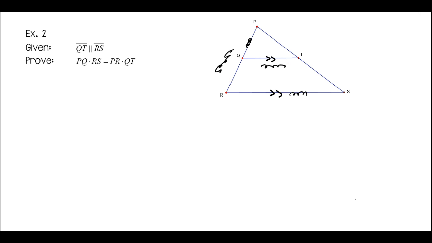Alright, so we can see the sides we're working with. We probably are looking at triangle PQT and triangle PRT, and if I can get those similar, then I can work on getting these products that I want here.